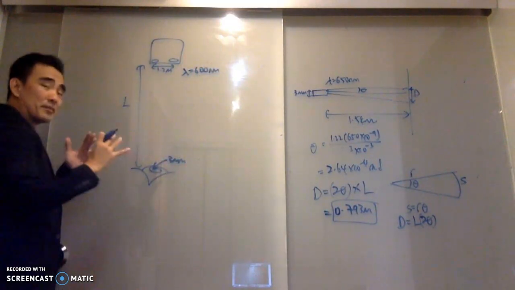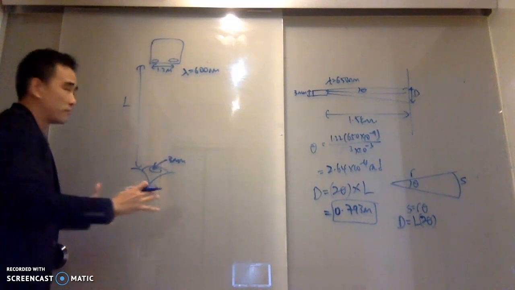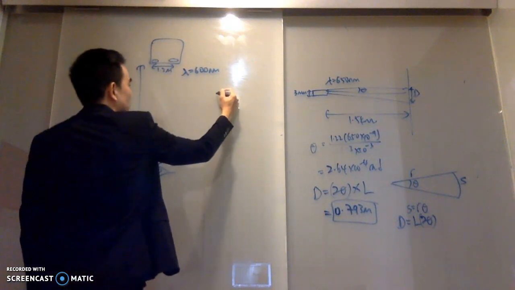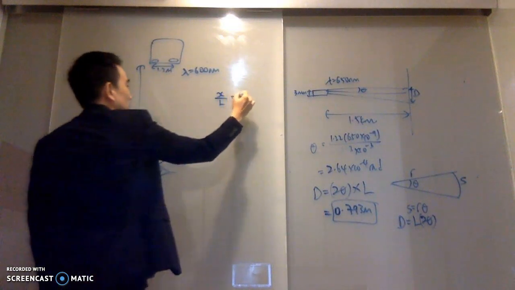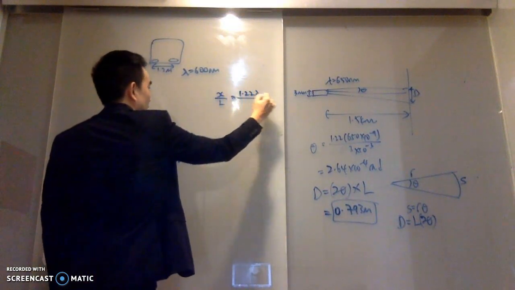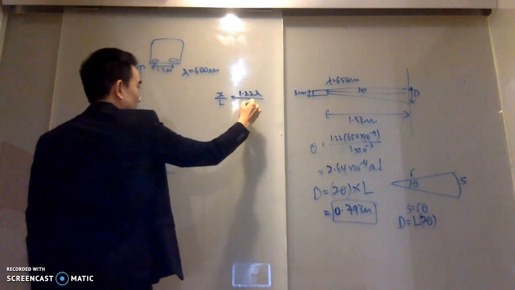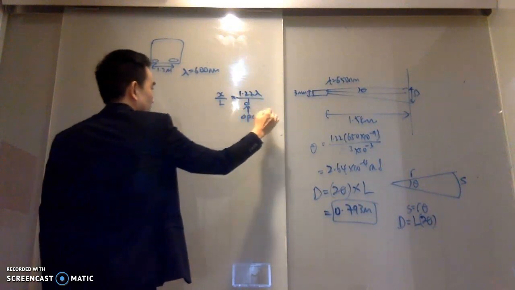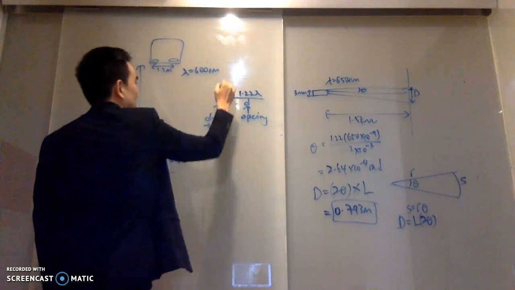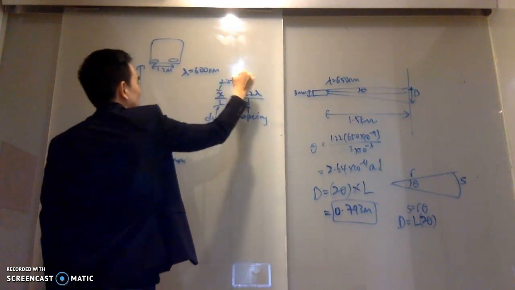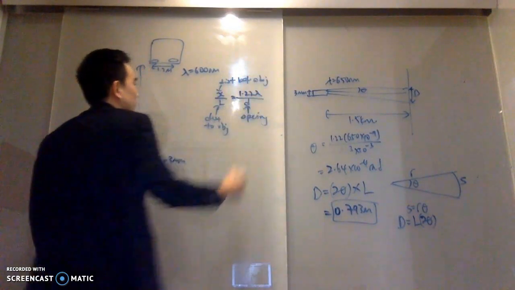So therefore, at the point of being just resolved, remember the angle subtended by the objects, which is x upon L, must be equal to 1.22 lambda upon d. This d is the opening size, this L is the distance to the objects, and this x is the distance between the objects.